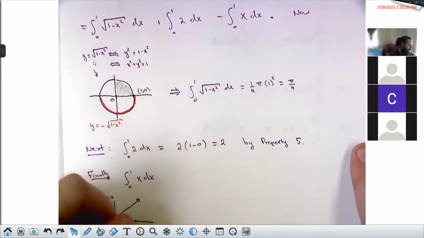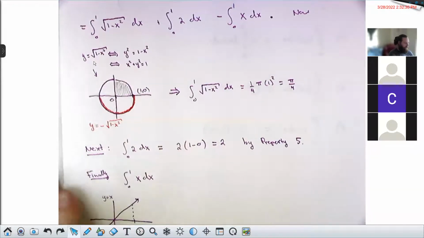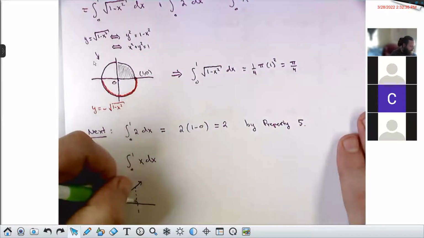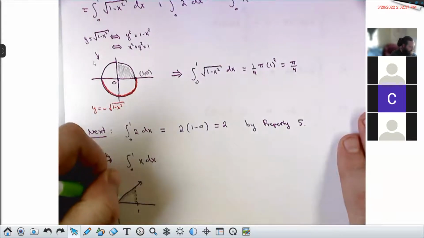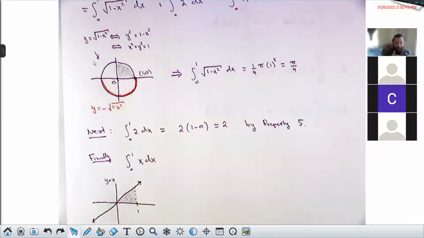So if 1 is right here, then I have just this area to contend with. And that's another triangle, right? So you kind of notice a pattern. The problems like this that we can solve right now are all kind of boring in that they all reduce to some very simple geometry.